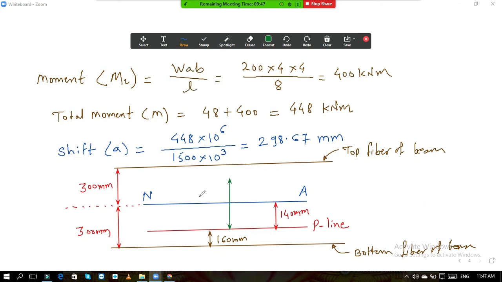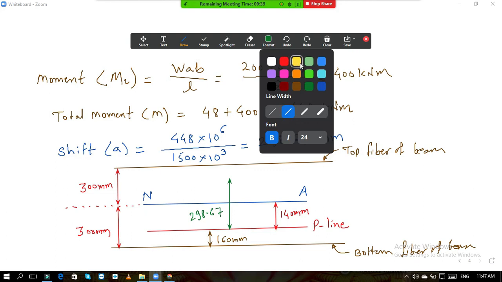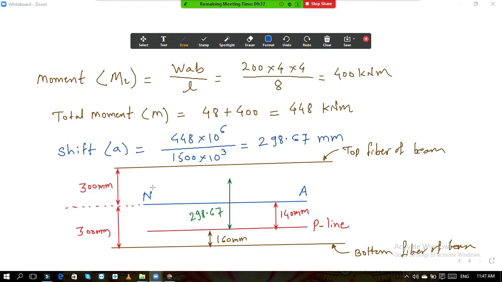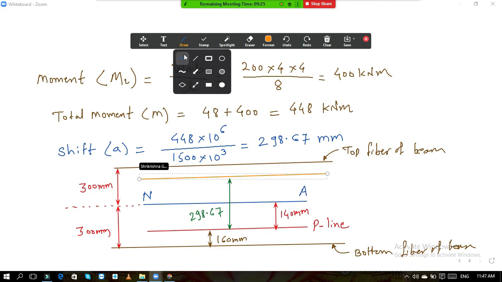So this is my distance of 298.67 mm, and at this point now our C line is situated here. Okay, so this is your C line.